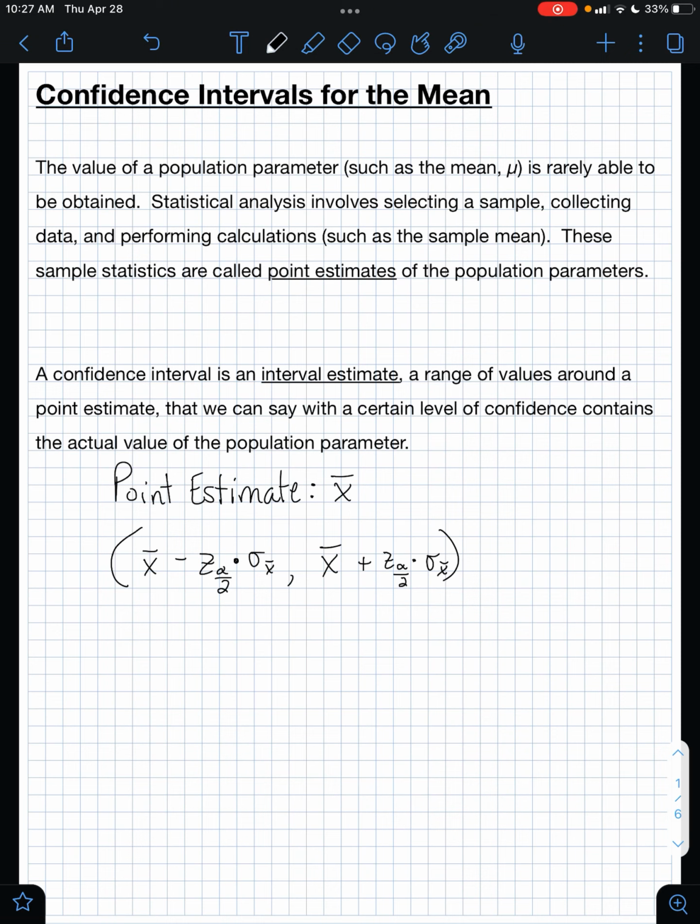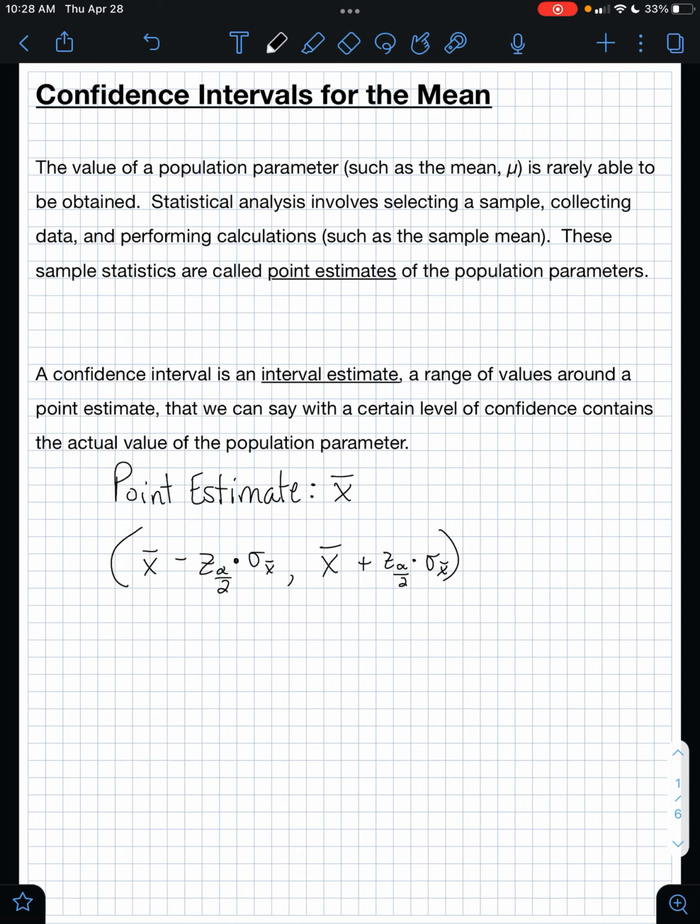You may recognize that it's actually very similar to the formula that we use when we are converting a z-score back into an x value. It is slightly different because that formula normally would have mu plus or minus z times sigma, but in this case, we're doing it with x bar.